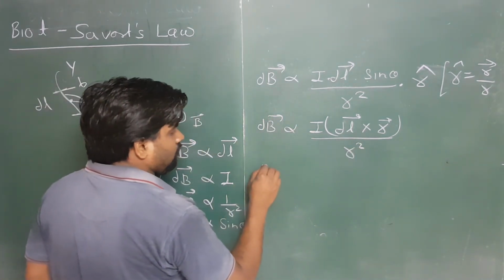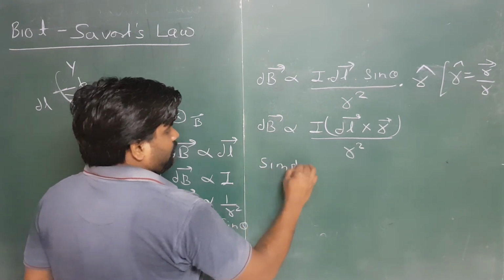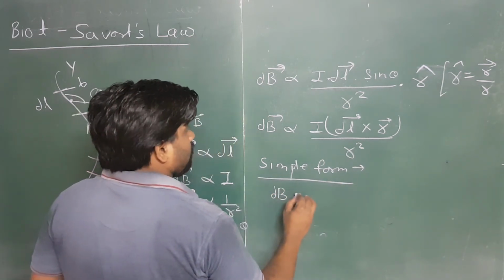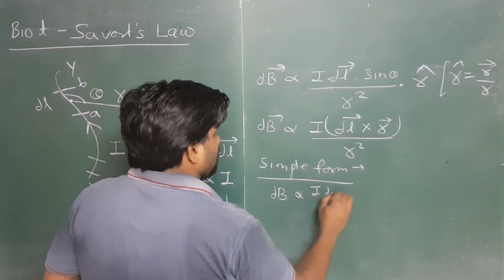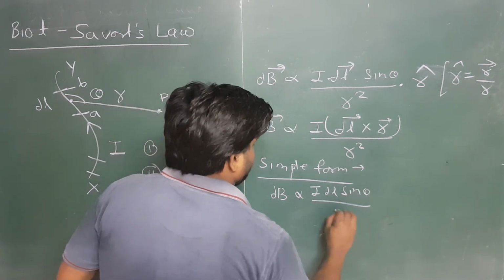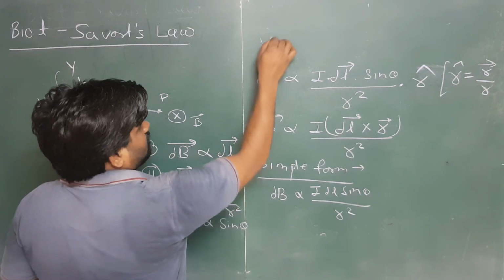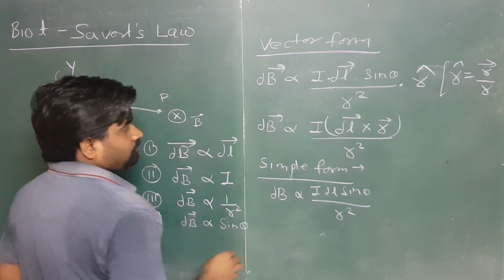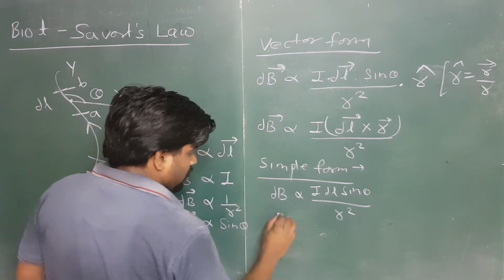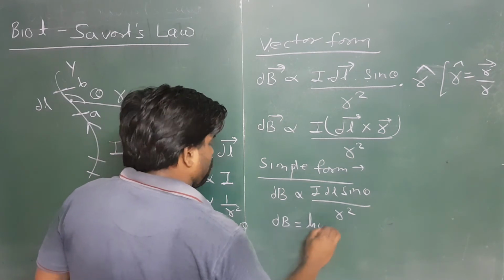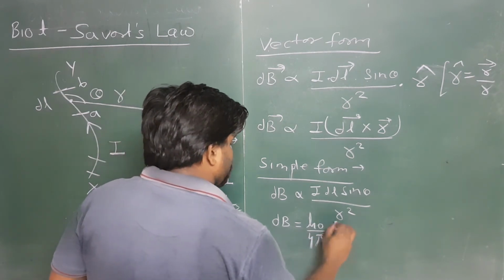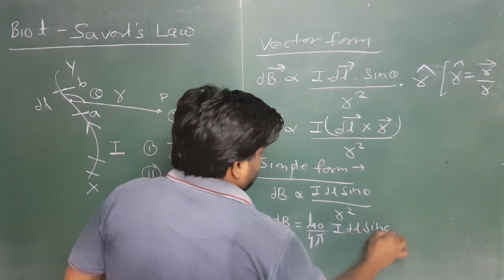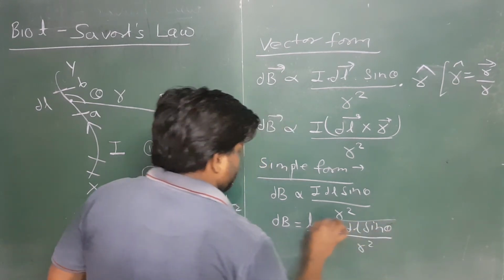The simple form of the magnetic field: dB is directly proportional to I dl sine theta divided by r square. This is the vector form. And on removing the proportional sign, we get dB equals mu 0 by 4 pi dot I dl sine theta divided by r square.